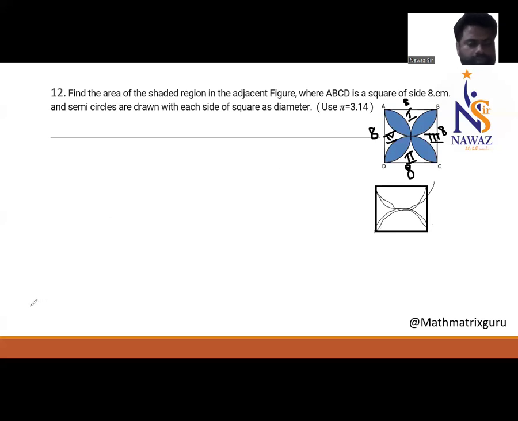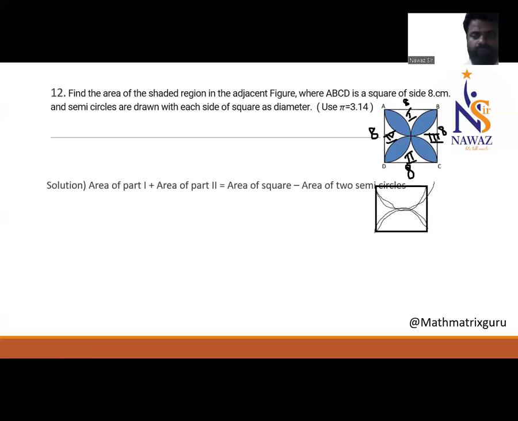So let's see the working. Area of part 1 plus area of part 2 will be equal to area of square minus area of two semicircles. Part 1 for me is this part, I'm talking about the unshaded part.